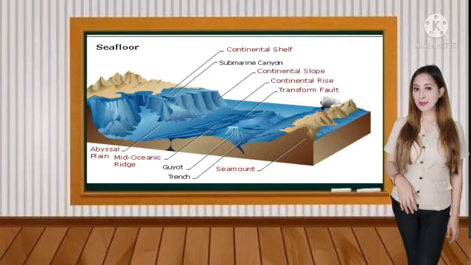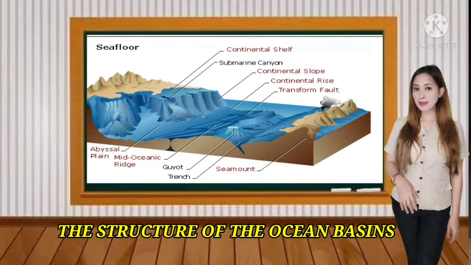Now, based on our previous discussion, which is also the introduction of our lesson today, we are talking about the different structures of the ocean basins. So, based on the picture, you see that the seafloor is comprised of these different parts.